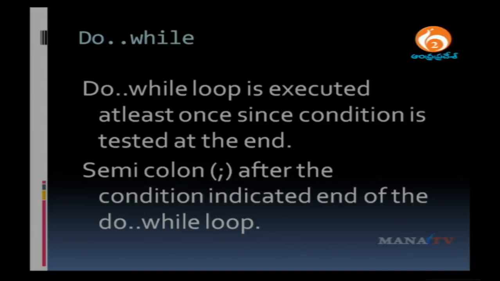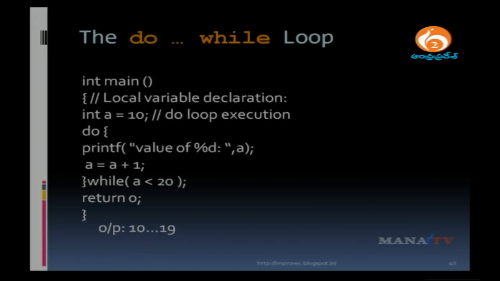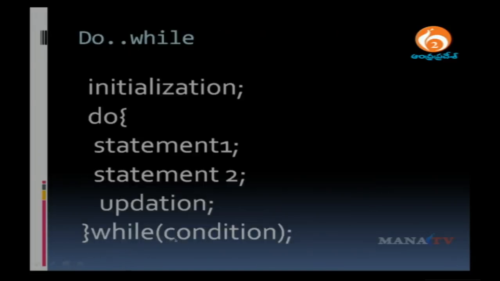The semicolon after the condition indicates the end of the do while loop. Here we are writing the semicolon, and this semicolon indicates the end of the do while loop.